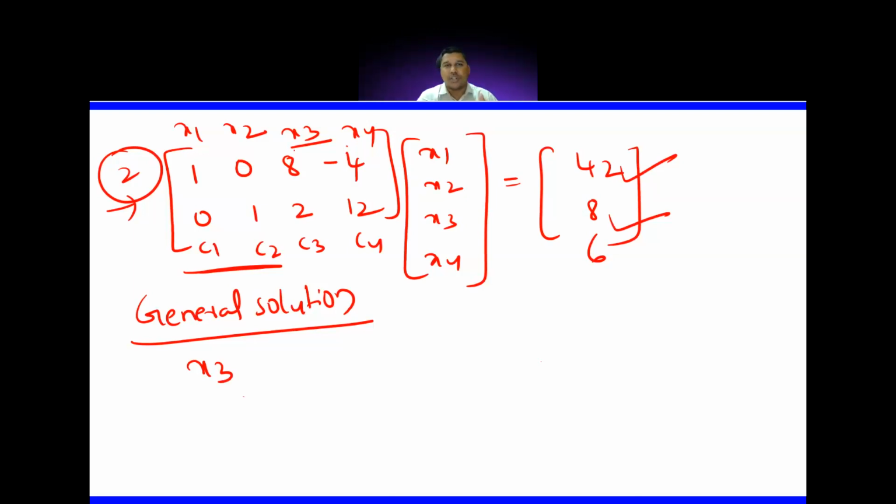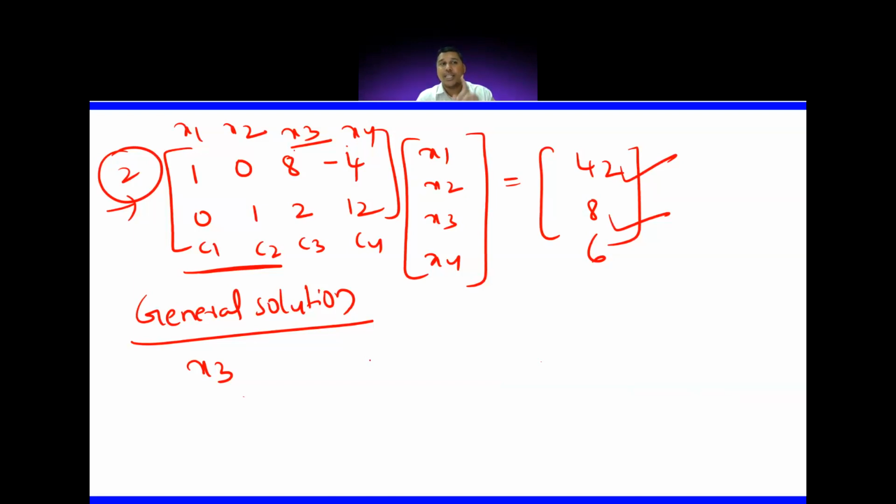Previously I told you, to solve a system of linear equations, use only row operations, like r1 minus r2, r2 minus r3. Now, reverse case: apply Gaussian elimination using columns. It means do some column operations and make the x3 column 0. That is my target. The non-pivot column, I want to make it 0.